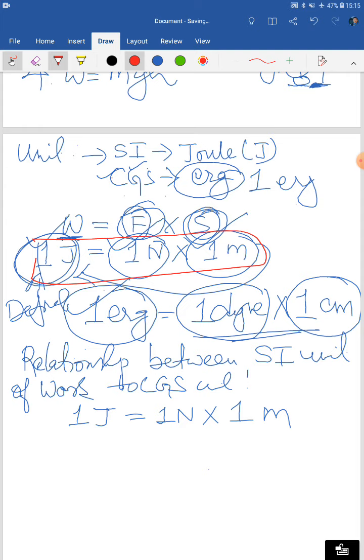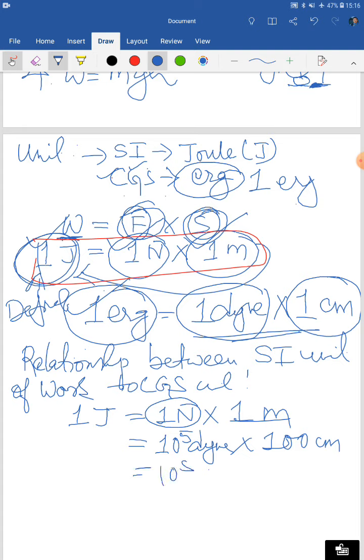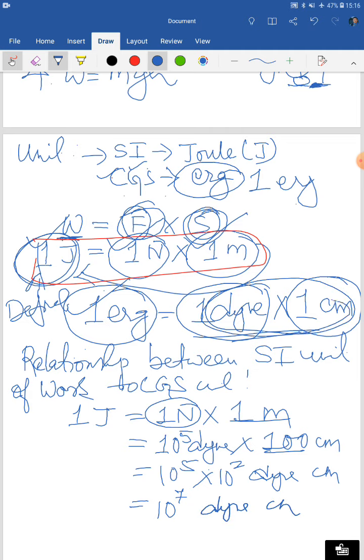Now we can convert 1 Newton into dyne. 1 Newton means 10 to the power 5 dyne, into 1 meter means 100 centimeter. So I get 10 to the power 5 into 100, I can write as 10 square dyne centimeter. So I get 10 to the power 5 into 10 to the power 2 is 10 to the power 7 dyne centimeter. But what is dyne centimeter? From here, dyne centimeter is erg, right?